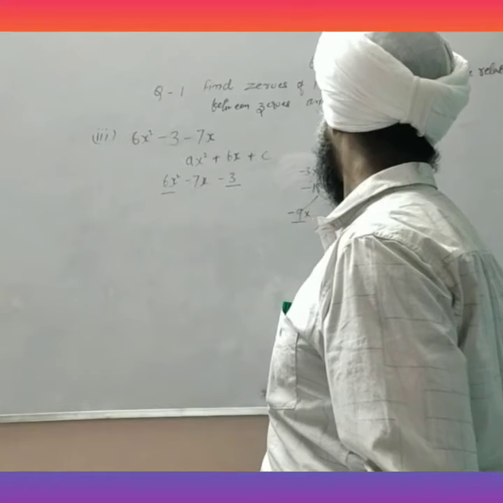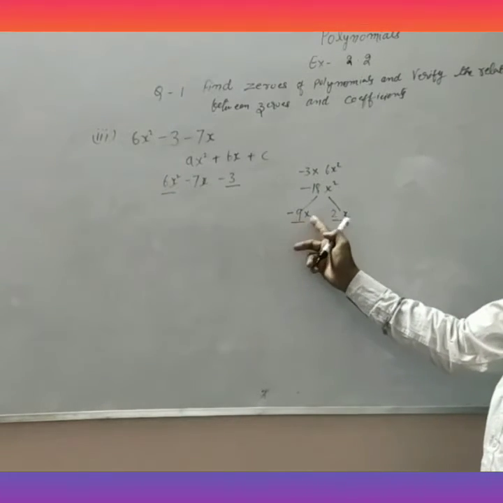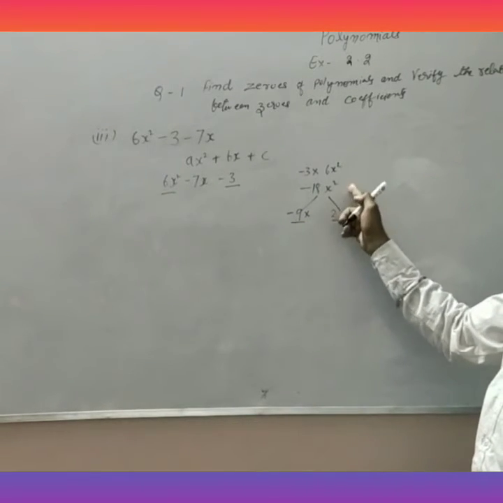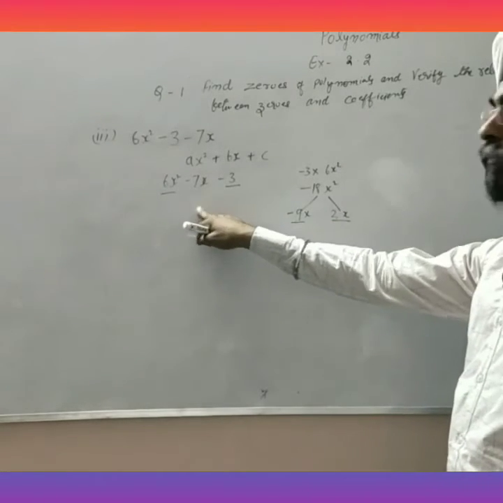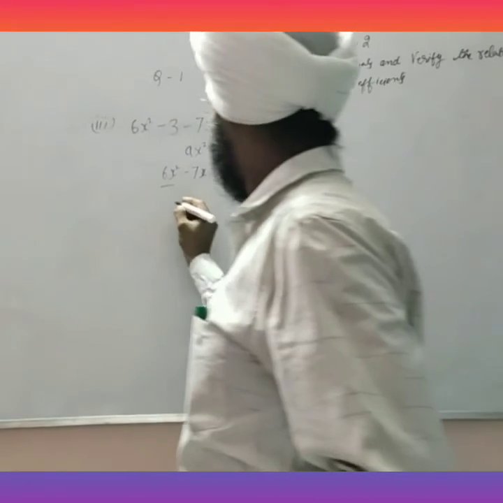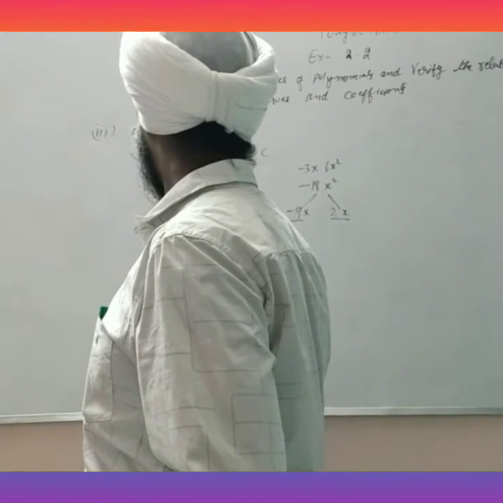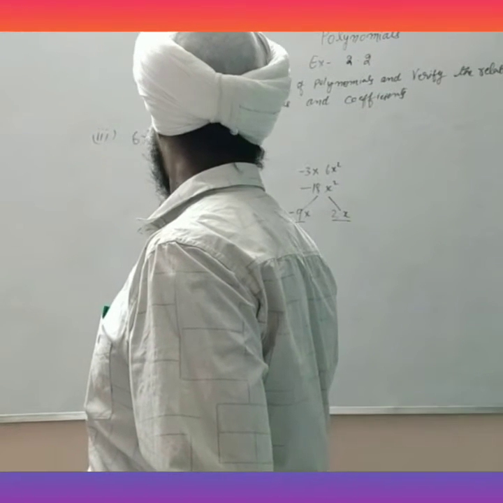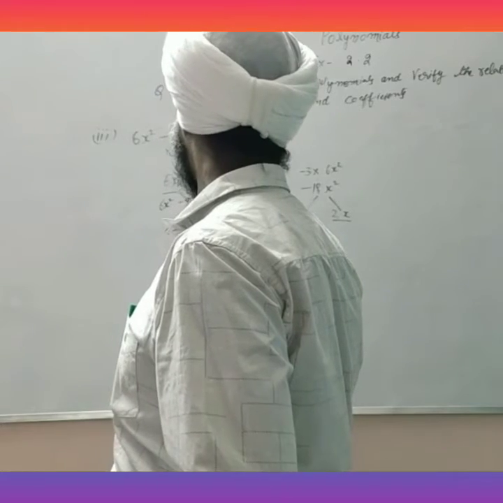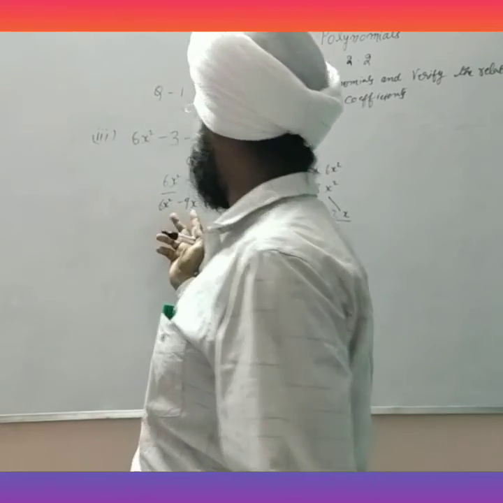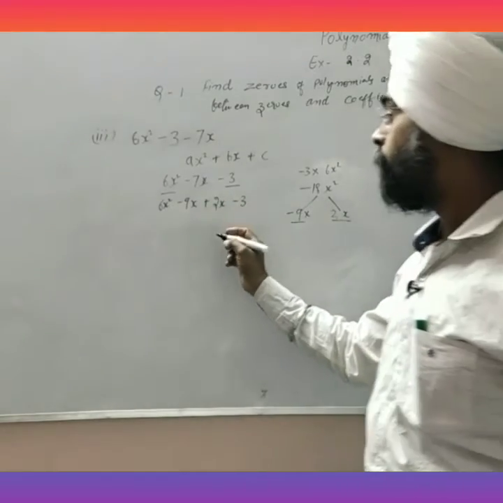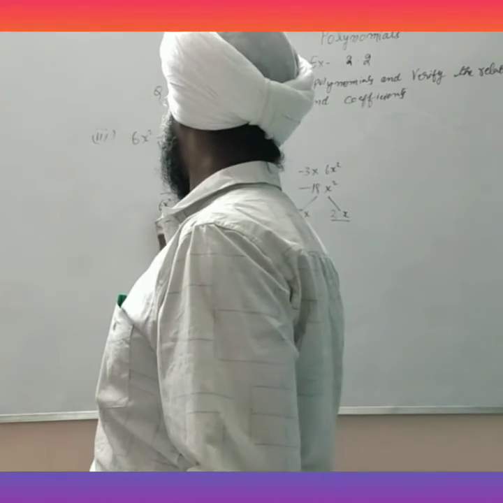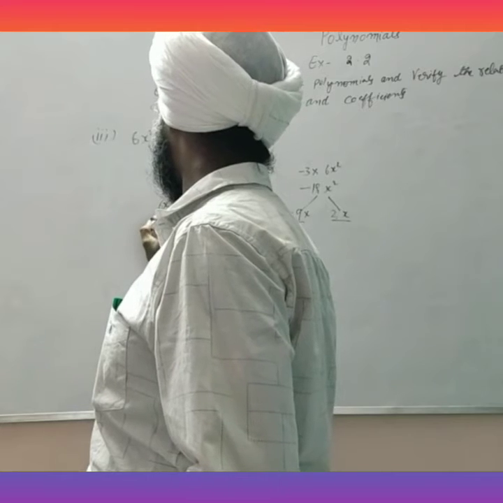Minus 9 times 2 is minus 18x square, and by adding these two I will get minus 7x. 6x square minus 9x plus 2x minus 3. This is the second step, the middle term gets split by these two factors. Now the biggest common factor of this is 3x.